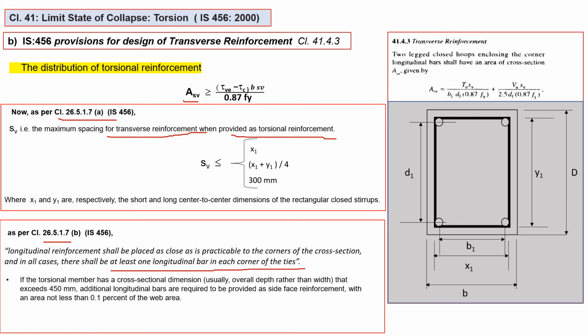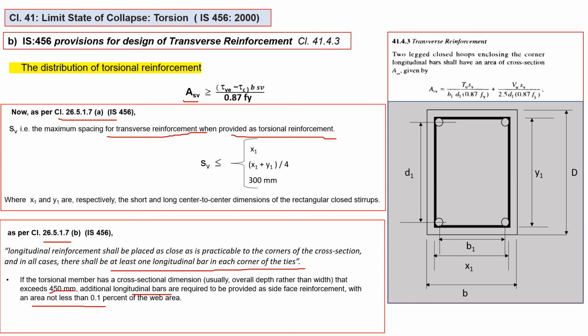Now if the torsional member has a cross section dimension, that is overall depth rather than width, if it exceeds 450 mm, that means if the depth of the section is more than 450, then we have to provide additional longitudinal bars, known as side face reinforcement, with area not less than 0.1% of the web area or the beam area.